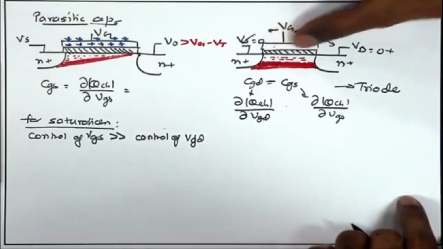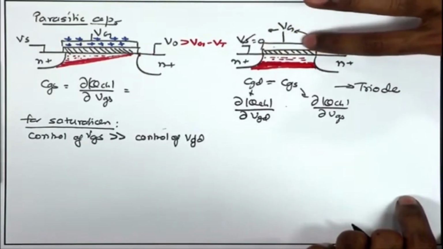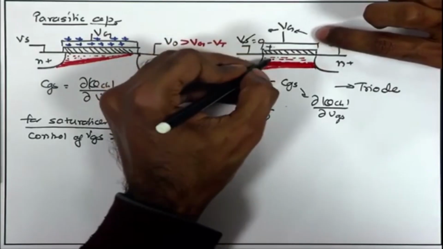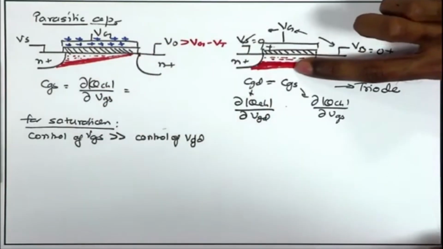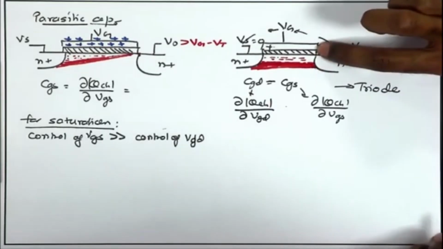So, in case of triode region, this was just acting like a parallel plate capacitor. You have metal, you have the channel charge which is negative. So, this is acting like the positive plate, the silicon is acting like the negative plate, and it is isolated by this thin oxide of thickness T_OX.